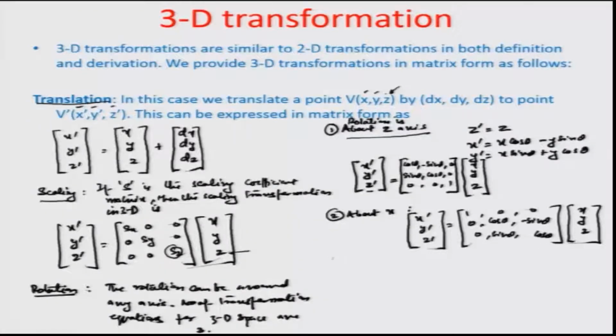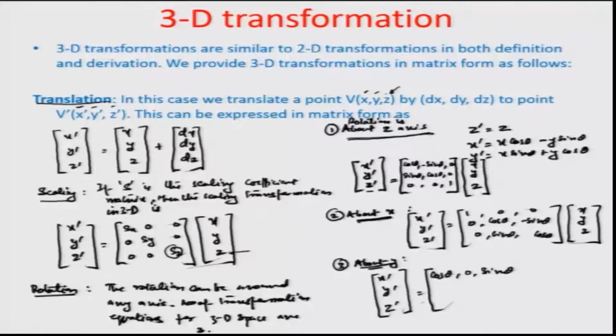And similarly, I would have a rotation about the y axis represented as again x dash y dash z dash equal to cos of theta 0 sin of theta, 0 1 0, and this is minus sin theta, I am sorry, minus sin theta 0 cos of theta.